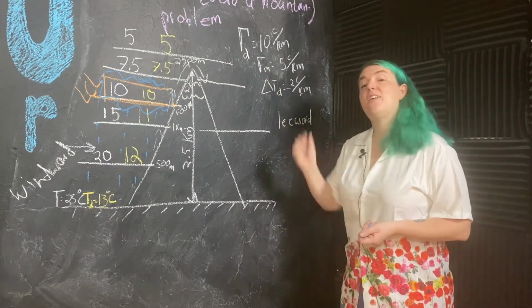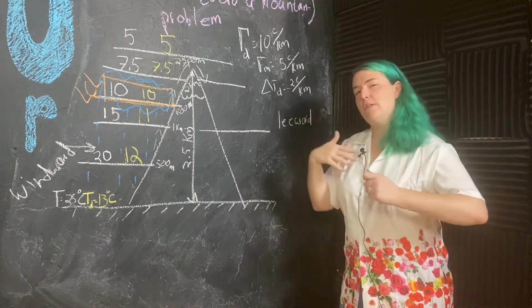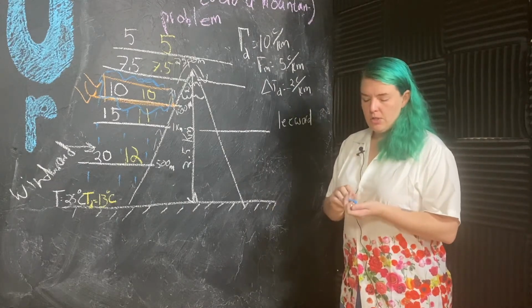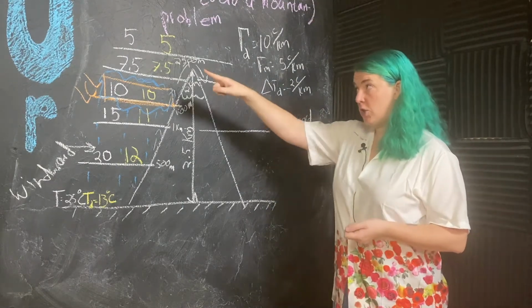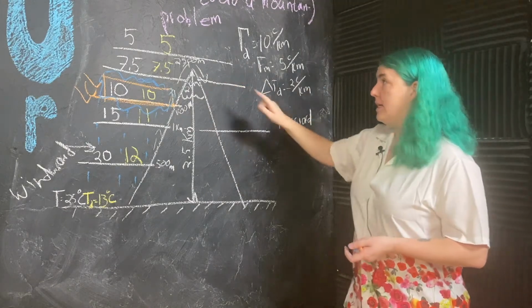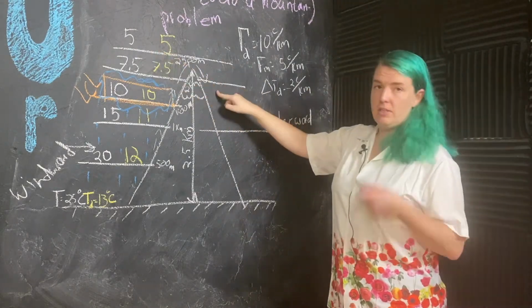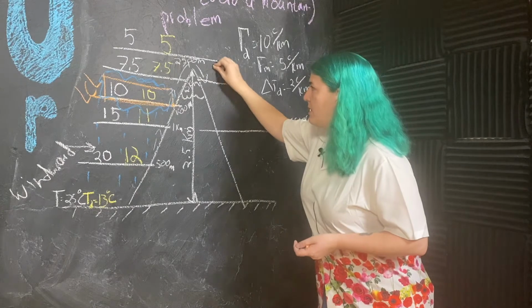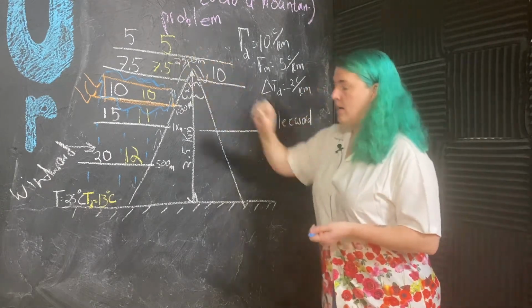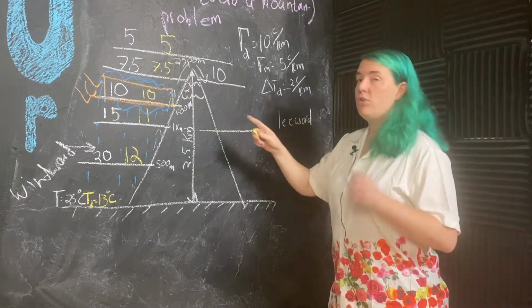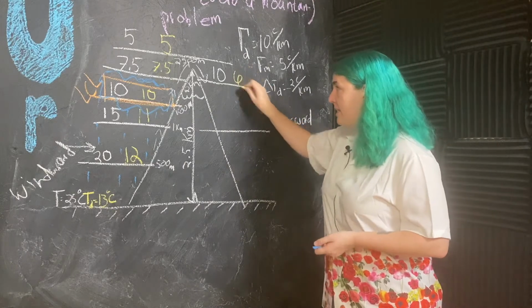So that means, now that we're coming down, we're gonna warm instead of cool, right? So my temperature in white is going to increase by 5 degrees in those 500 meters. So it's up to 10. And my dew point is only gonna increase by 1, so it's at 6.